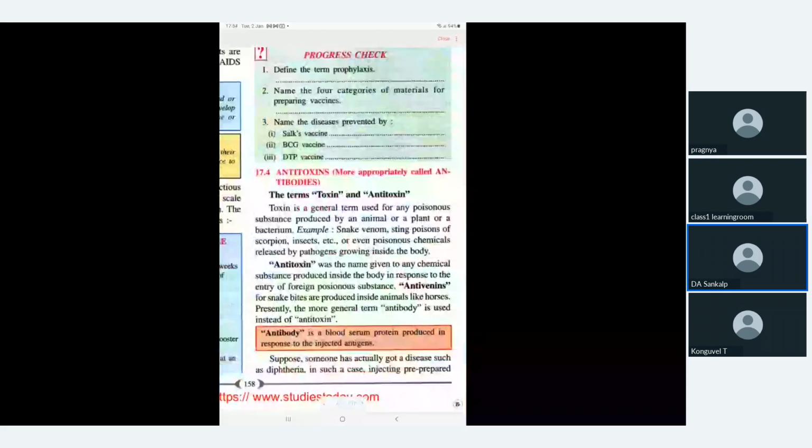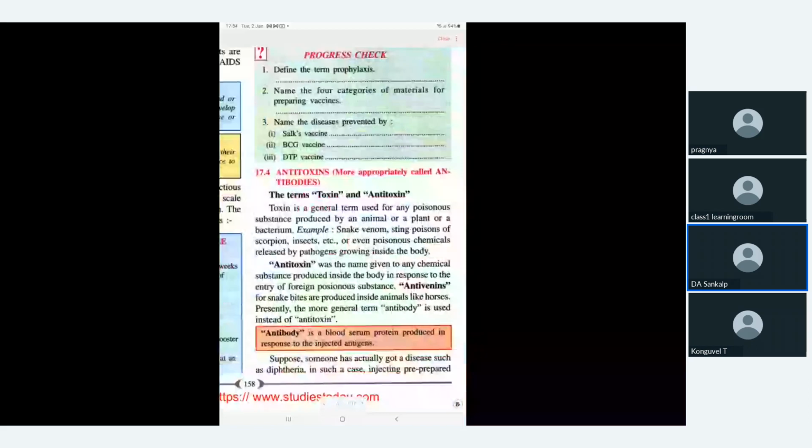For example, snake venom, a scorpion sting, an insect bite, or any other such thing. They cause diseases and are very harmful. That's why the agents against them are called antitoxins.